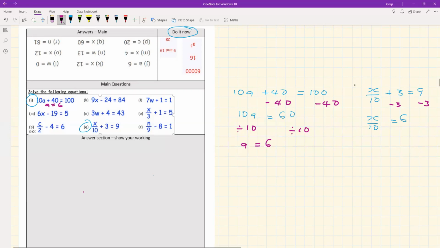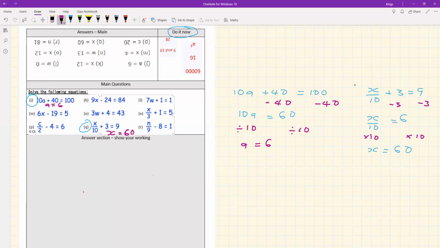Then we multiply by 10 to get rid of the 10 there. Multiply by 10, and we've got x equals 6 times 10 is 60. Test for that by substituting for x here. So 60 divided by 10 is 6. 6 add 3 is 9. So x is 60 here.